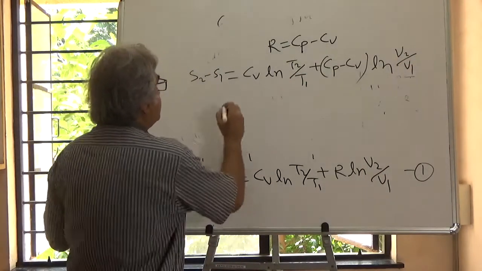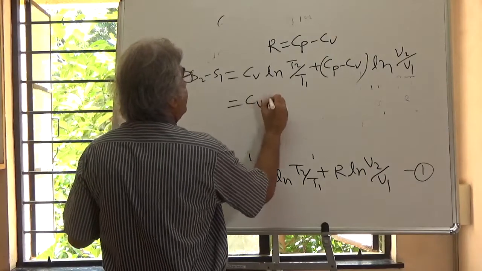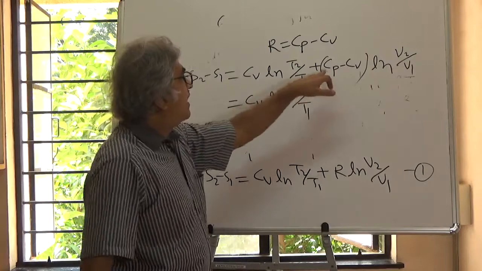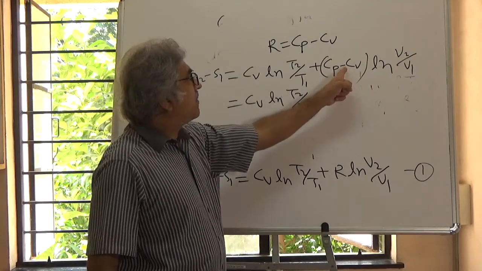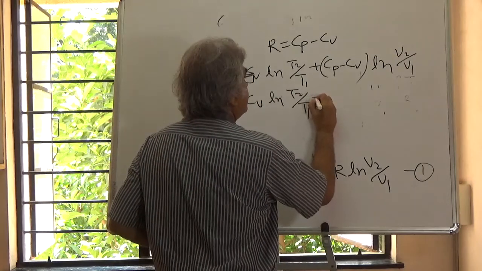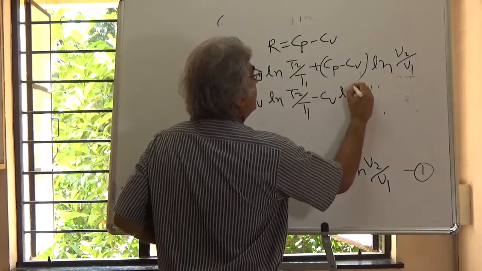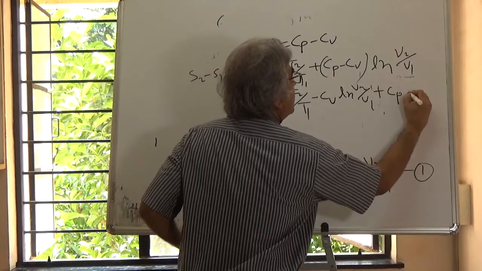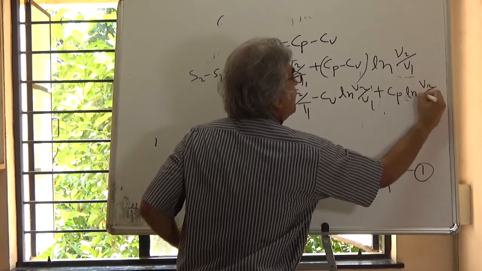Now let's further simplify this. Cv ln T2 by T1, and I'll separate this: minus Cv ln V2 by V1 plus Cp ln V2 by V1.